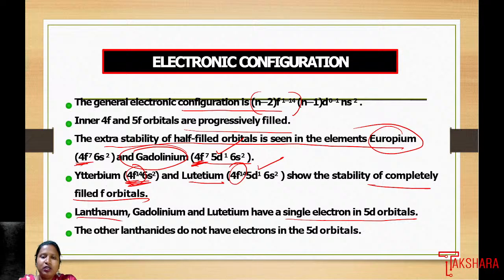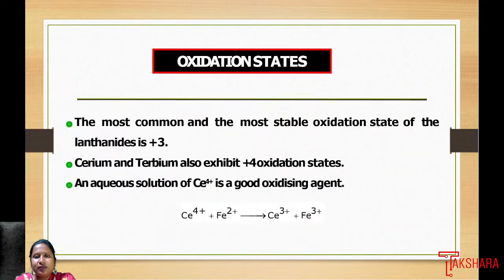Then lanthanum, gadolinium and lutetium have a single electron in the 5d orbital. Then the other lanthanides do not have electrons in the 5d orbitals. So other than these elements, the remaining lanthanide elements do not have any electrons in the 5d orbital. So that is another feature of lanthanides.